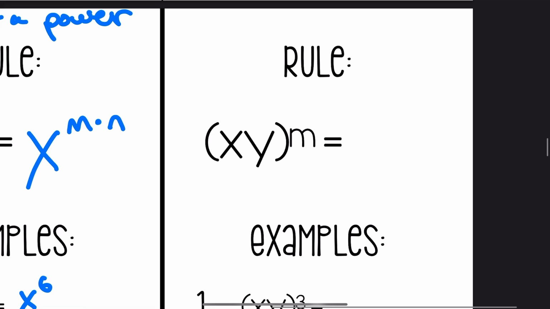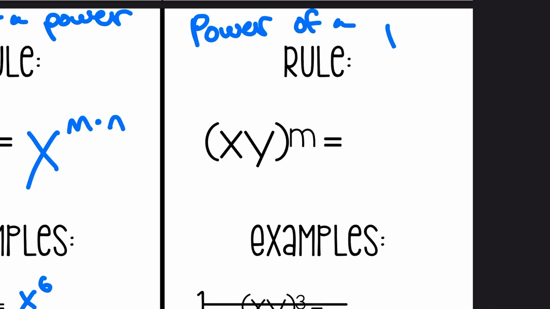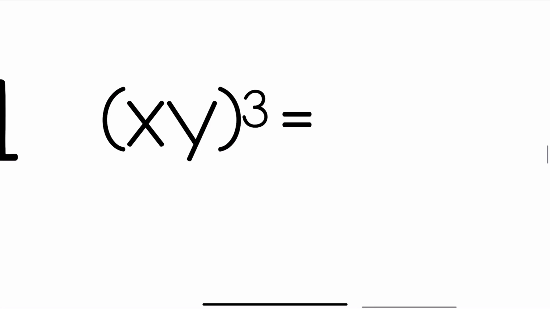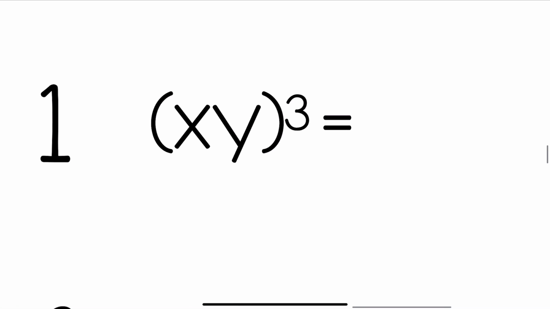That is going to be the power of a product. Okay, power of a product. So that is going to look like this. Let's do the same thing we've been doing for the other ones and just expand it. We're going to take everything on the inside and multiply by itself 3 times.